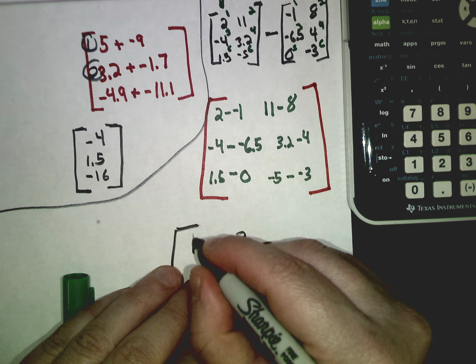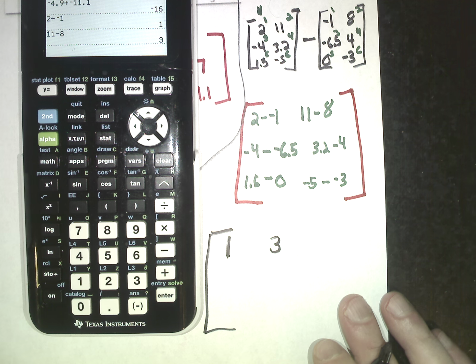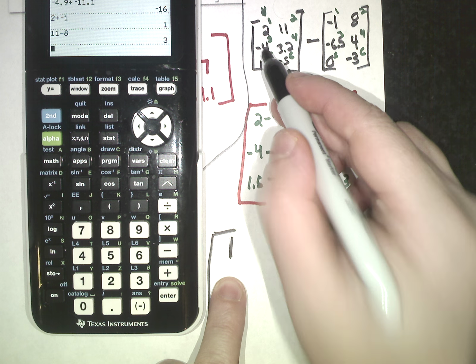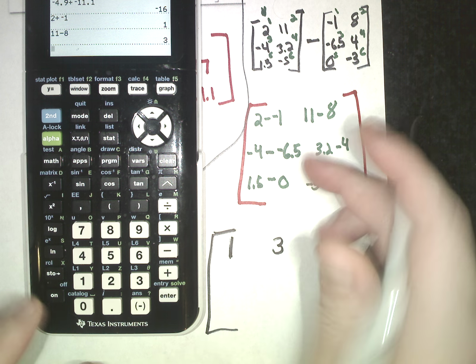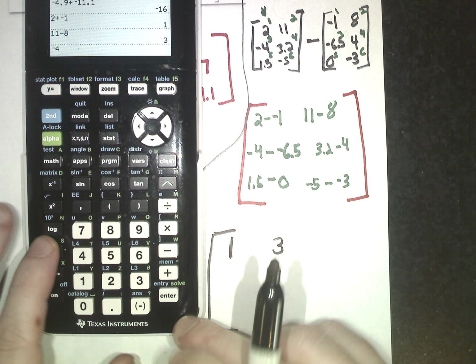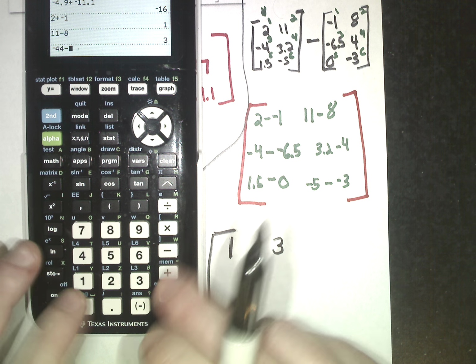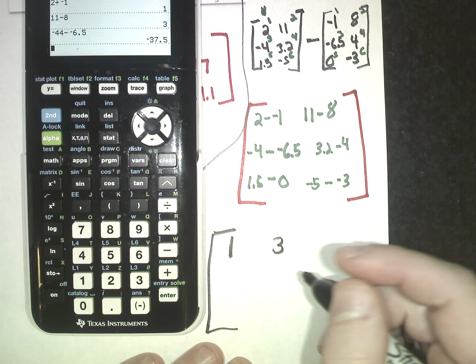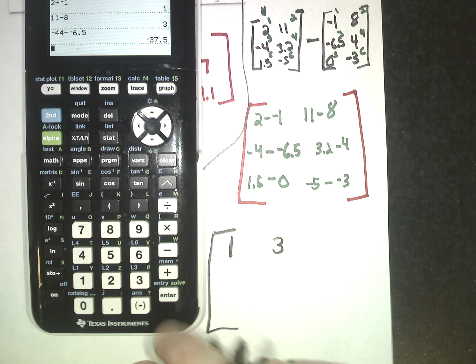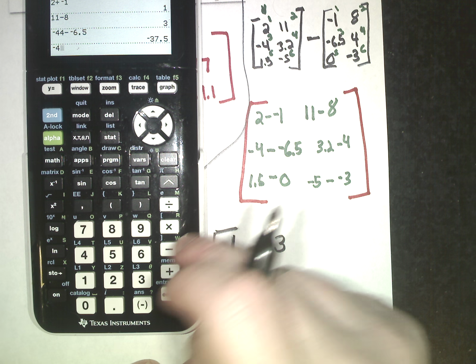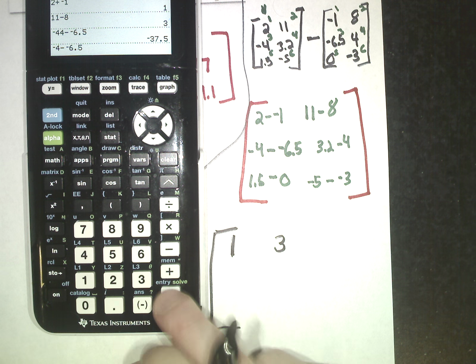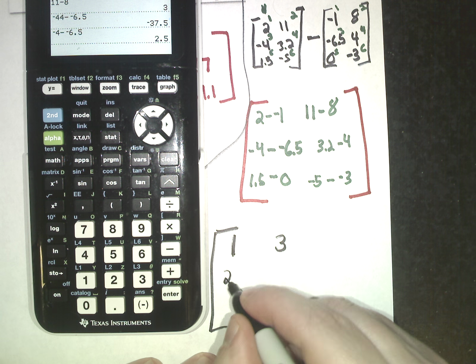Sorry if you can't see the screen. I'm running out of space over here. Okay, in position 3, I'll have negative 4 minus negative 6.5. Ooh, did that wrong. What did I do wrong? Oh, I said negative 4 minus negative 6.5. I'll get 2.5 over here.